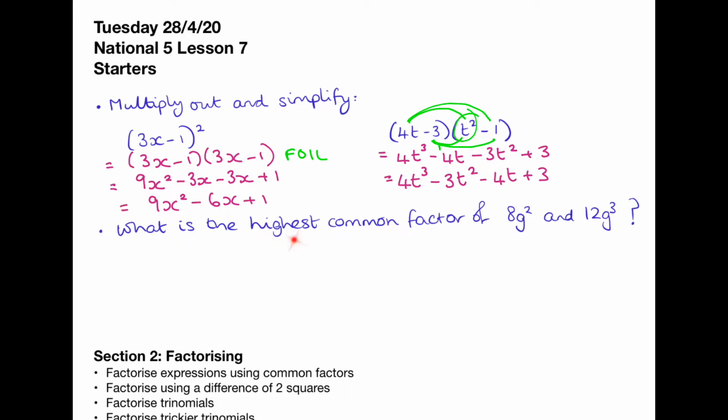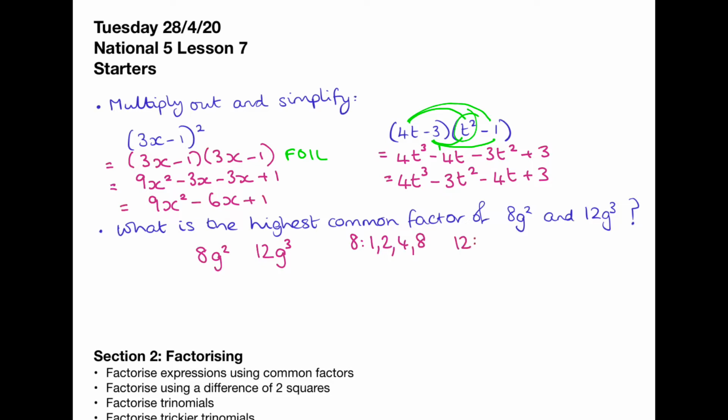The highest common factor of 8g squared and 12g cubed. Right. So, first of all, let's look at the numbers. Think about the factors of 8 and 12. So the factors of 8 are 1, 2, 4 and 8.